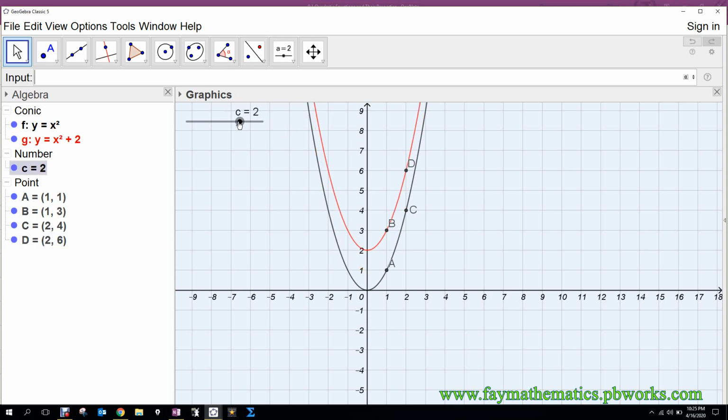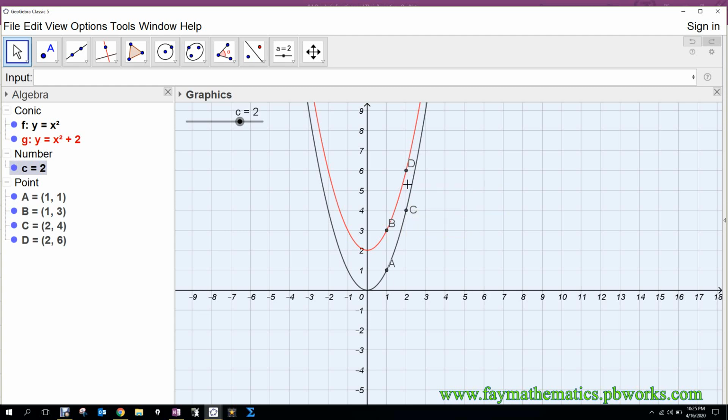Now if I make this a plus 2, you see that a was still at a y value of 1, and b is now at a y value of 3. The difference between 1 and 3 is that 2. Look at c, a y value of 4. D has a y value of 6.